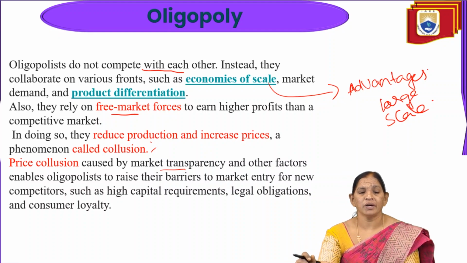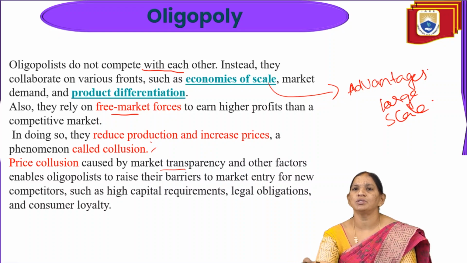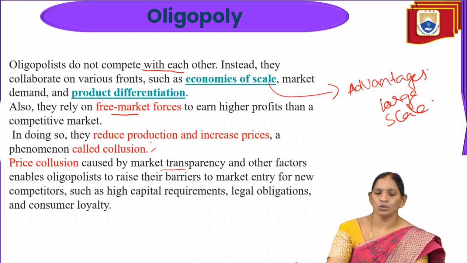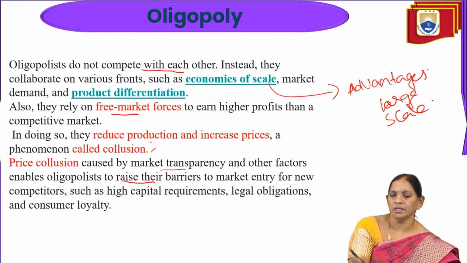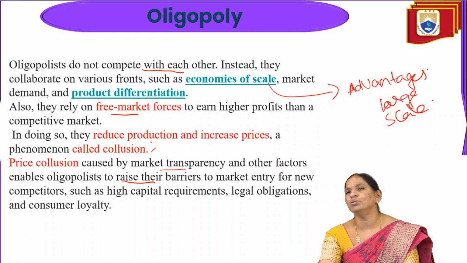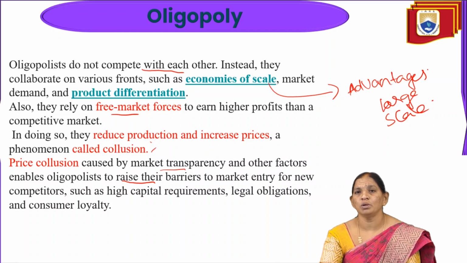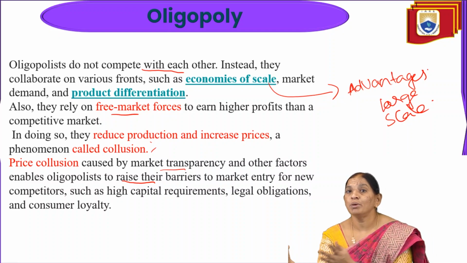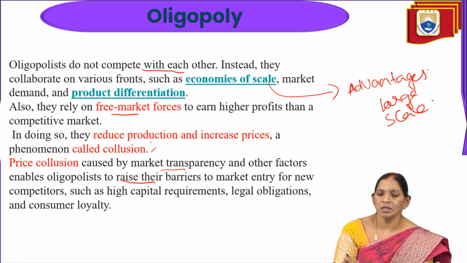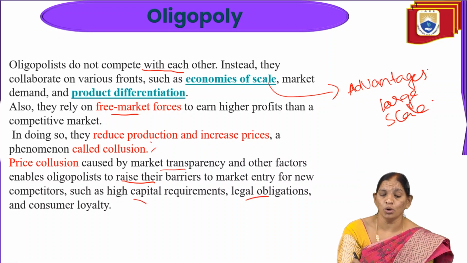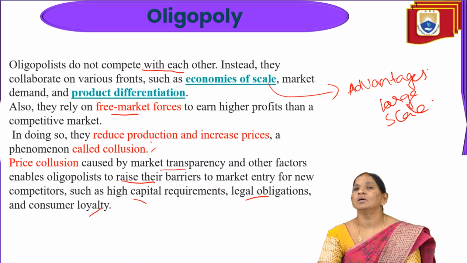And like other factors which enable the oligopolist to raise their barriers to market entry, they do not allow other new competitors to enter the market. Maybe by providing barriers in the case of higher capital requirements, or legal obligations, or consumer loyalty.